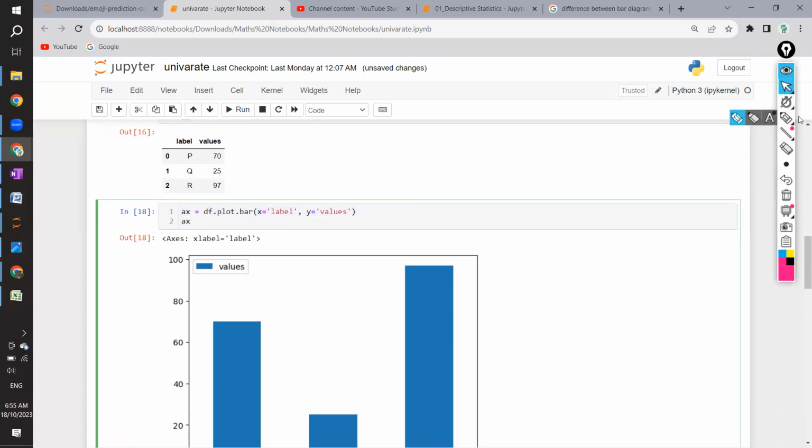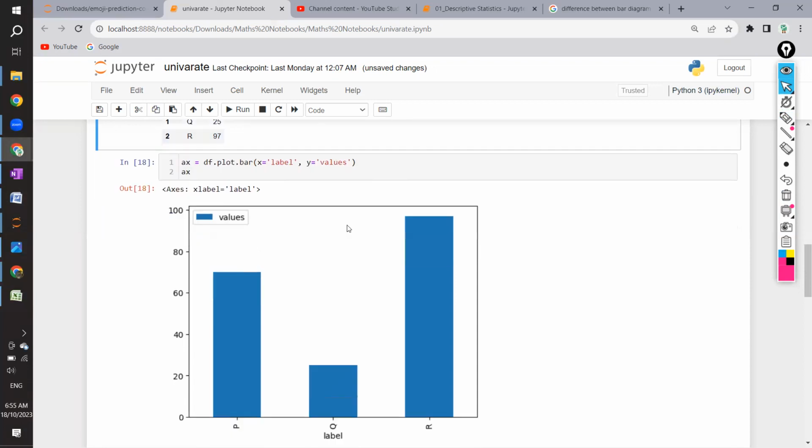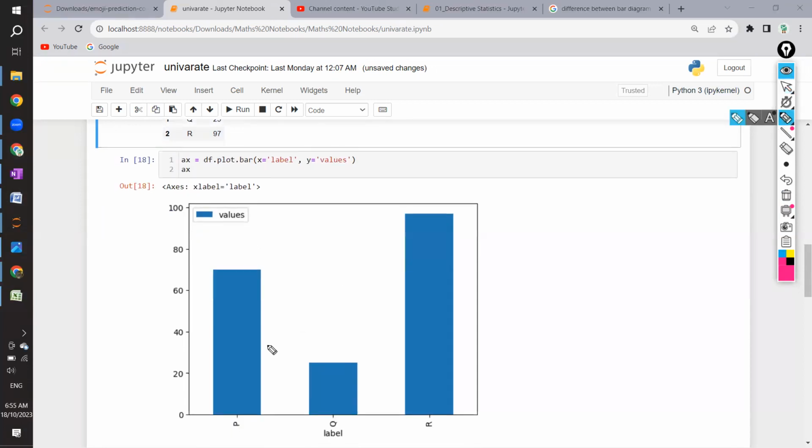the way you can do it is df.plot.bar. This is my df. x is my labels, y is my values. The labels are P, Q, R, and y is my values. If you just draw it, it's a very simple graph.